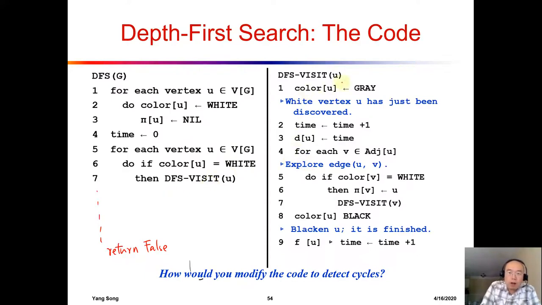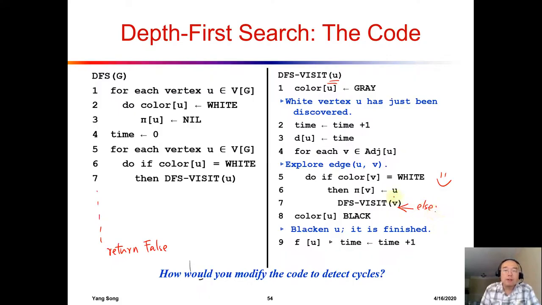So when we are doing the DFS of the current node U, if we see an adjacent V, and if the adjacent node V is white, everything is good. However, I want to add an else here.